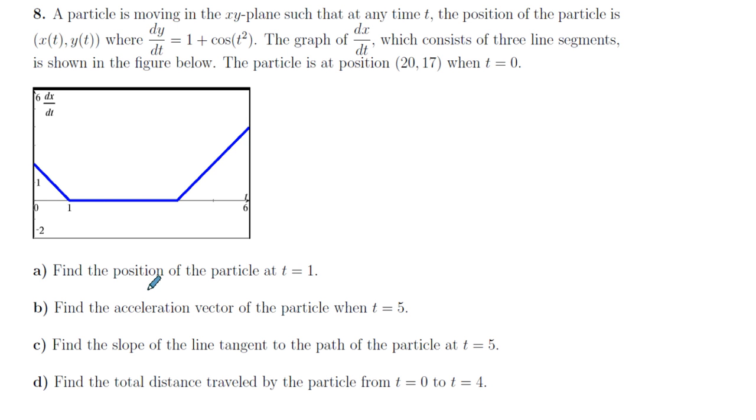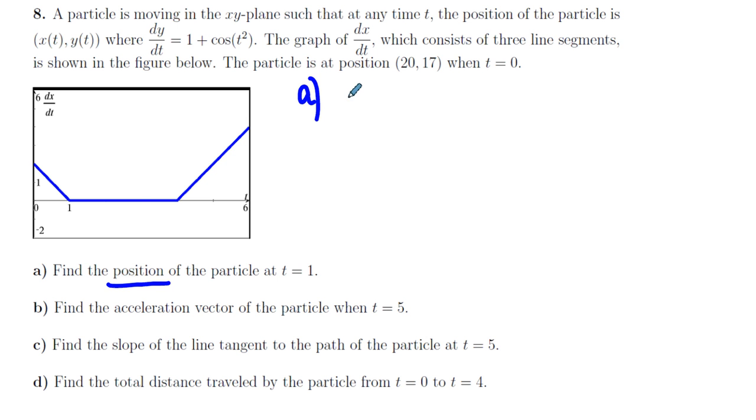Okay, let's find the position of the particle at time equals 1. Well, we know what dy dt is, and we know what dx dt is, so we can get the position of the particle by anti-differentiating; we can integrate dx dt and dy dt.